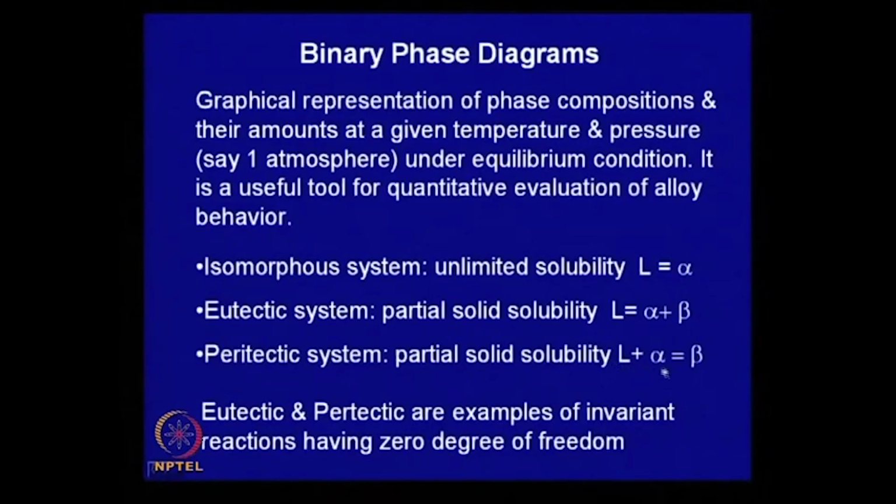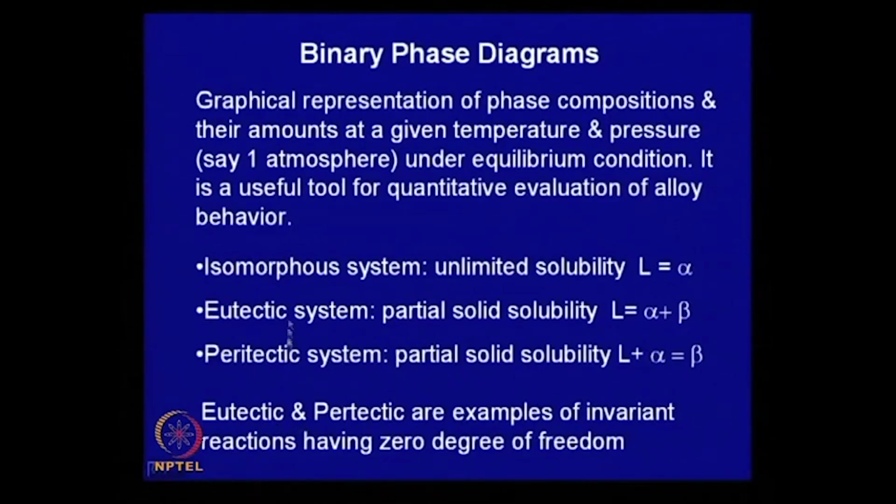Here, under certain conditions over a range of composition, the liquid reacts with the solid which has precipitated out to give a different solid. In this particular case, liquid reacts with alpha to give beta, where beta has entirely different physical characteristics and structure from that of alpha.